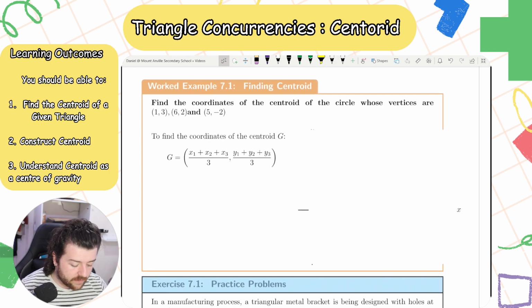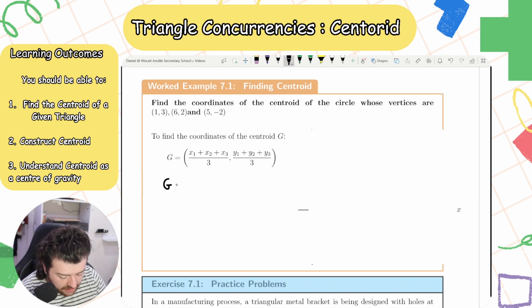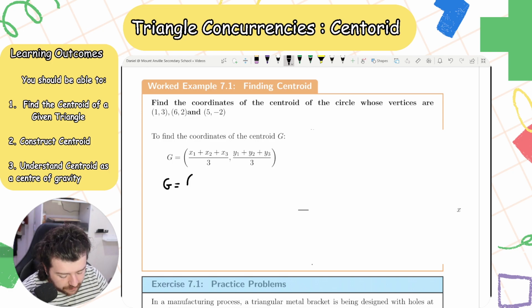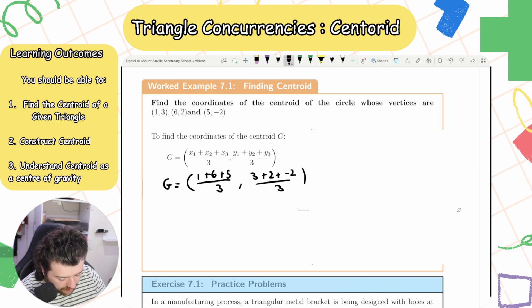Find the coordinates of the centroid of the triangle whose vertices are (1, 3), (6, 2), and (5, -2). So we use our formula here. My centroid, which we usually denote with G, maybe for gravity, I don't know, is: my x coordinate is (1 plus 6 plus 5) divided by 3, and my y coordinate is (3 plus 2 plus -2) divided by 3.